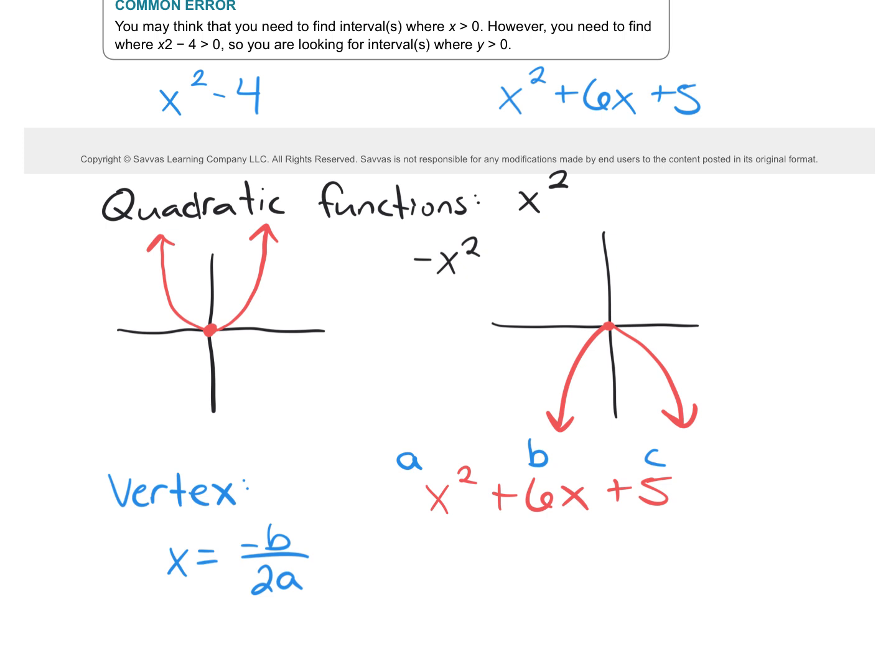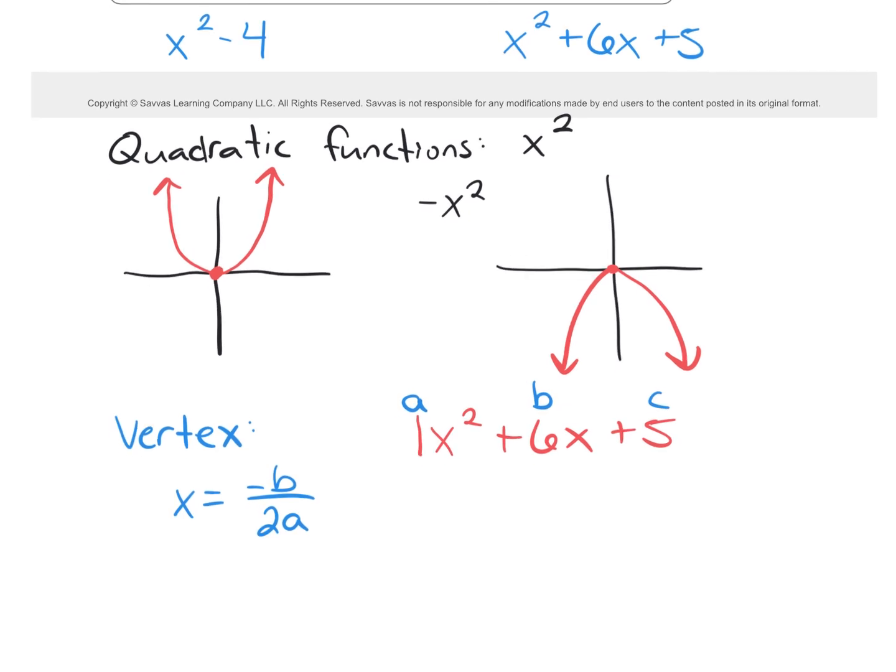What is technically in front of that x squared right now? It's a 1, right? A positive 1. So the a, b, and c, those are the coefficients. Remember, coefficient is the number. Okay, so a is 1, b is 6, c is 5. Okay, so once you've found, we're going to do an example with this later, okay? But to find your x value to start, you would use this equation right here. And then to find your y, we would plug it in later, okay?